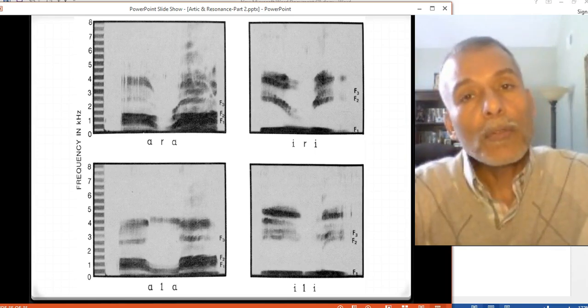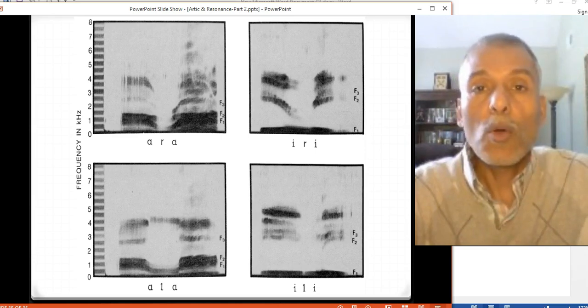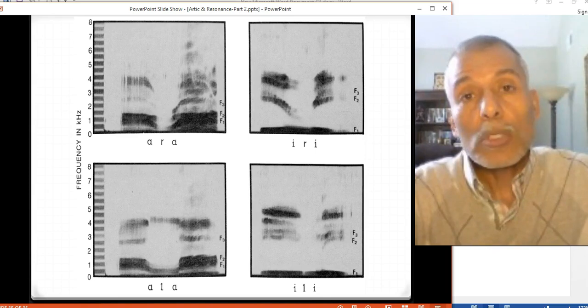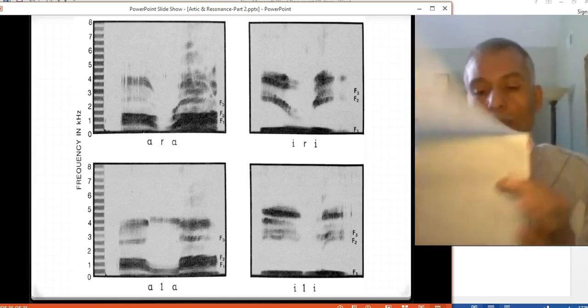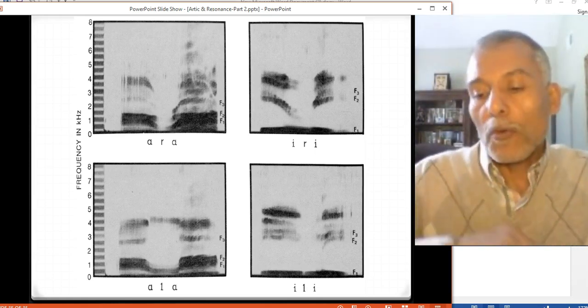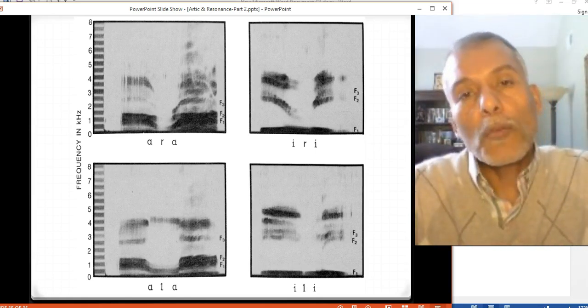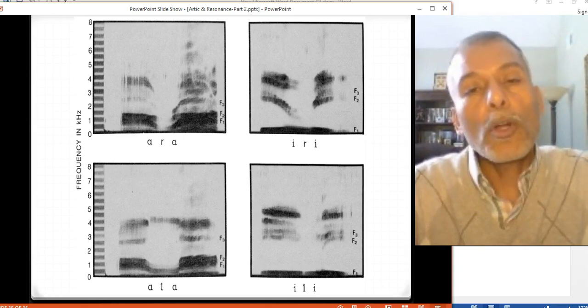What are the antiformants? Why do they occur? Do they only characterize nasal sounds? When do the first antiformants occur?